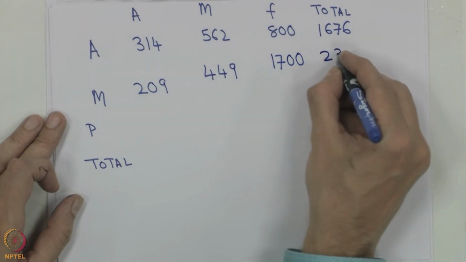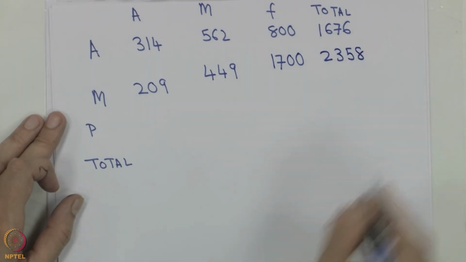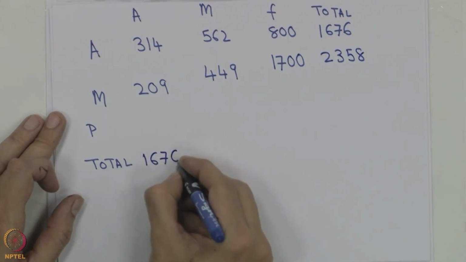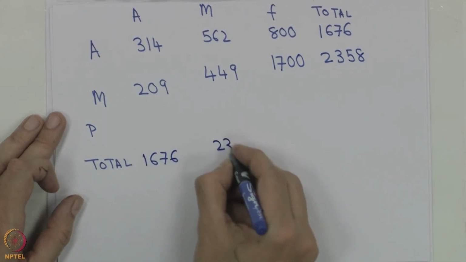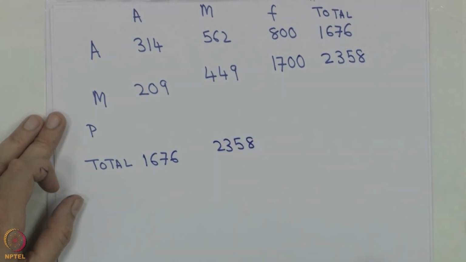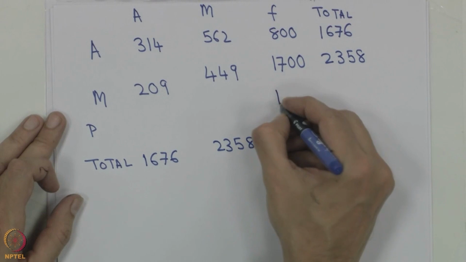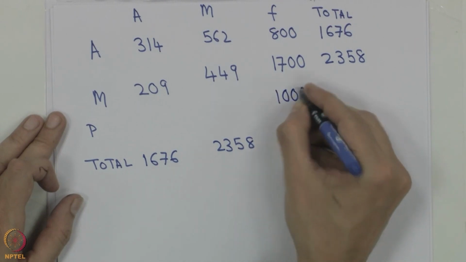This turns out to be 2358. Now, remember, these totals will be the same. So, this is 1676, this is 2358, and this value will remain unchanged as 1000.